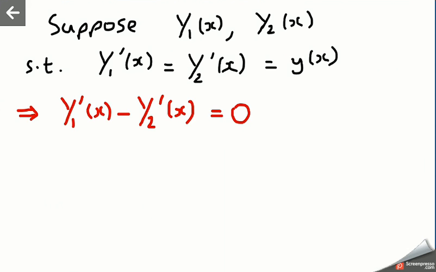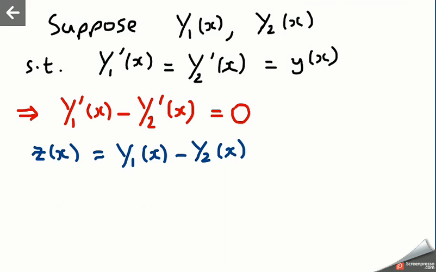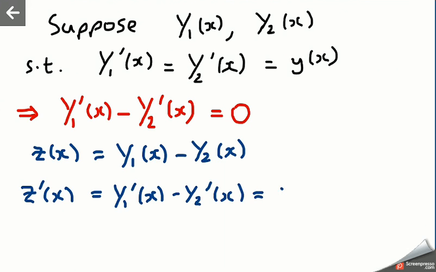So if I let z of x equal Y1 of x minus Y2 of x, then, since differentiation is linear, we can differentiate each function separately: z prime of x, which is equal to Y1 prime of x minus Y2 prime of x, is equal to 0. So z prime of x is equal to 0.